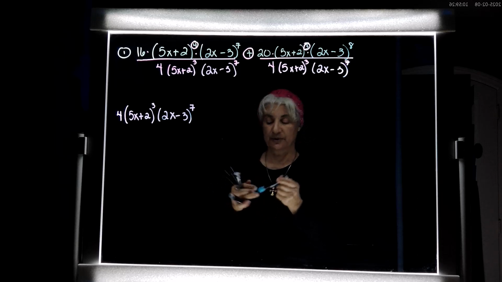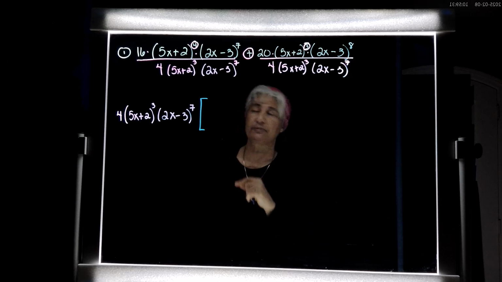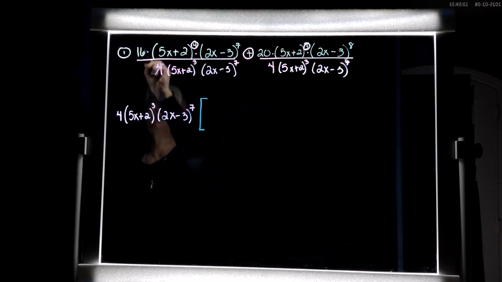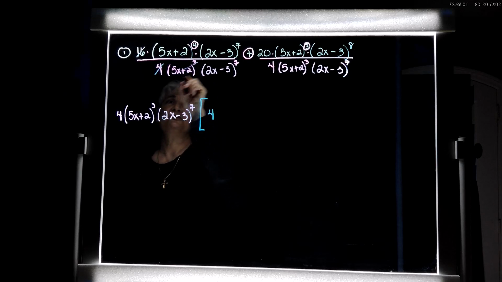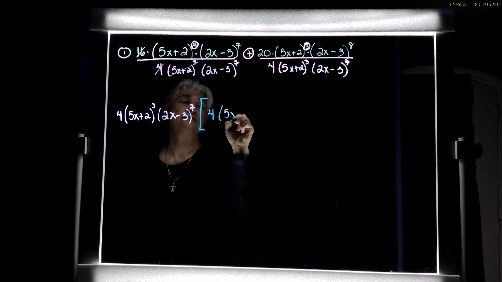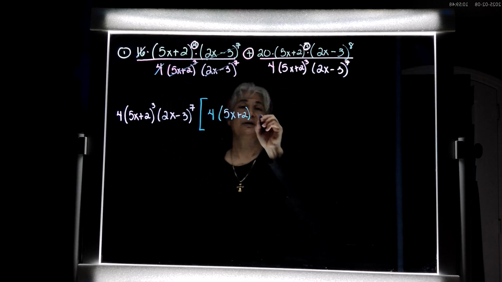Okay, let's see what remains. Too many parentheses, I'm going to write a bracket. So let's see, 4 goes into 16 4 times. 5x plus 2, 3 of them are gone, leaves me 1 left. 2x minus 3, all 7 of them cancel. Good.